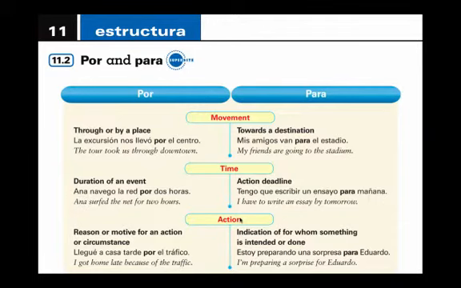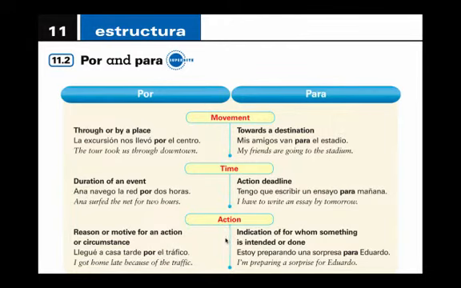Okay. Now, looking here at an action, when we use por, we use it to describe a reason or motive for an action or circumstance. Llegué a casa tarde por el tráfico. So that's the reason why I got home late. Okay? Por el tráfico.